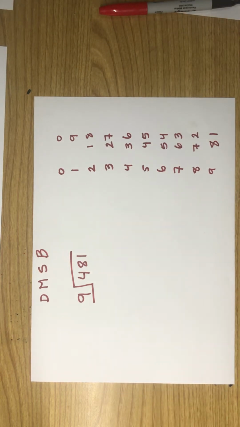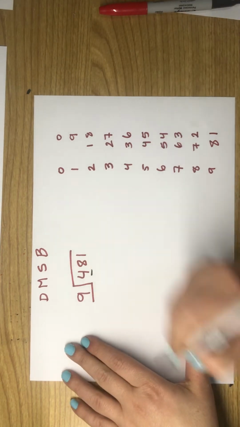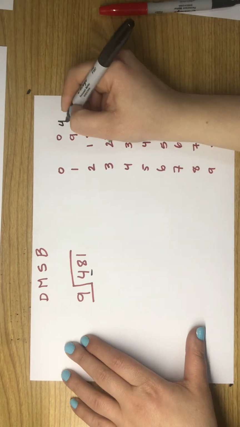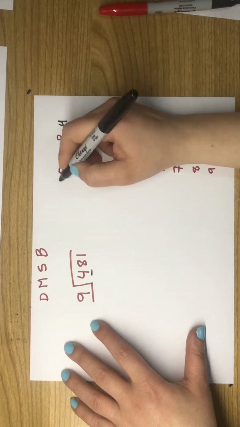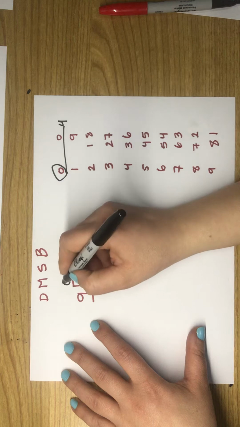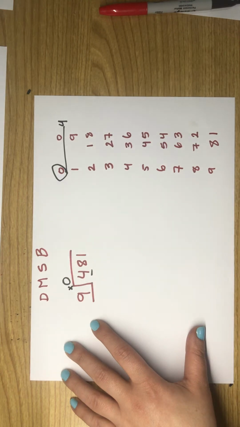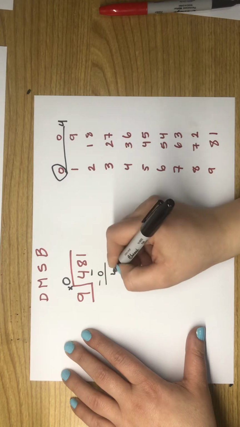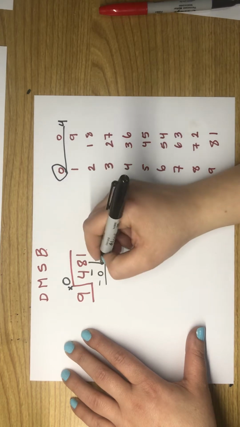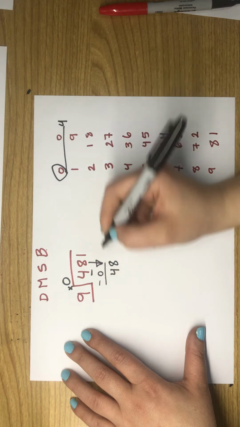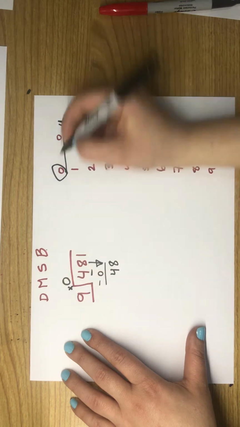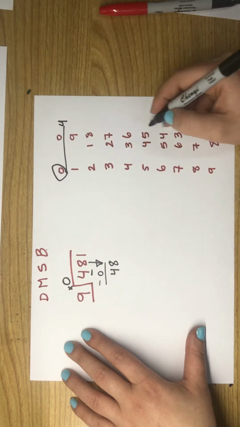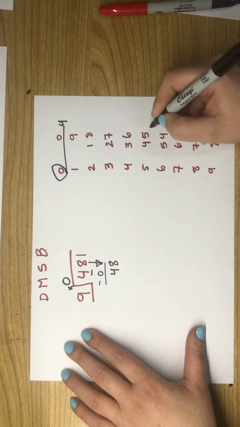Next, start dividing the first digit, 4, between the 0 and the 9. Bubble pops, multiply. I'm going to do it fast, guys. 0 times 9 is 0, 4, bring down 8, 48. Again, back to divide, the bubble, 48. Where's 48? It's here.